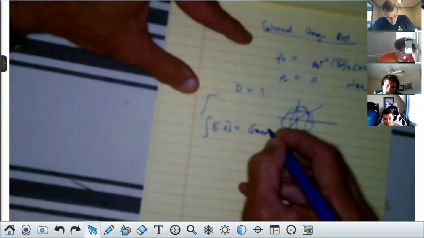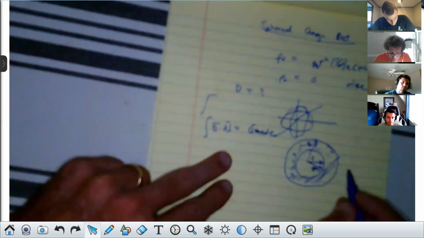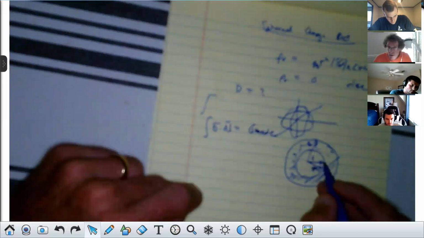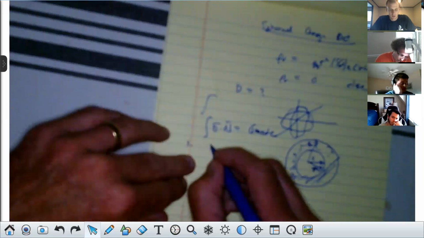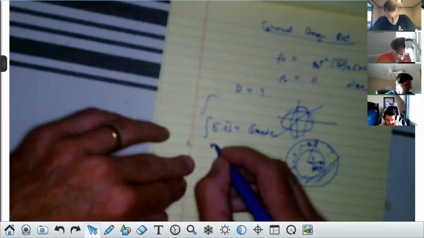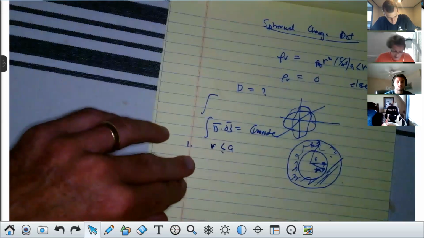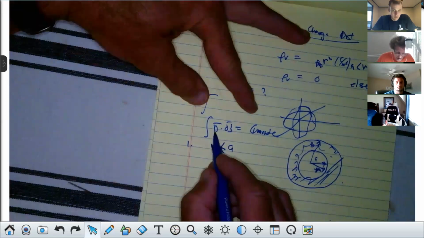Yes, sir. All right, well, your first step would be from 0 to a, correct? Yes, sir. It would be for r, radial distance, less than or equal to a. All right, now looking at that, what would the integral of D dot dS be for this one?